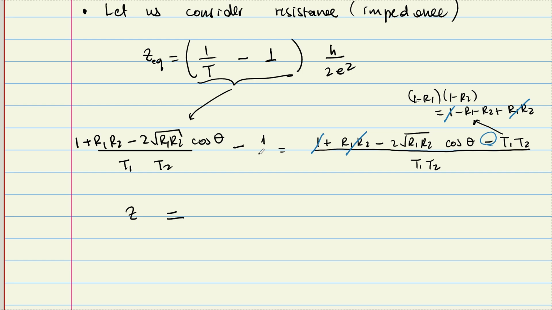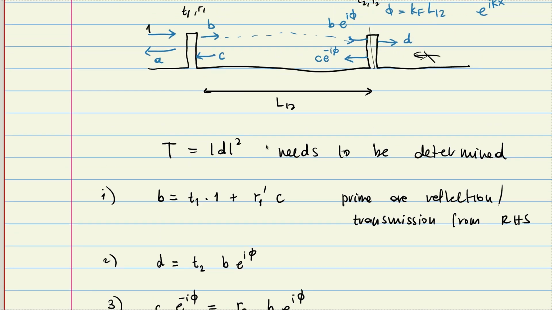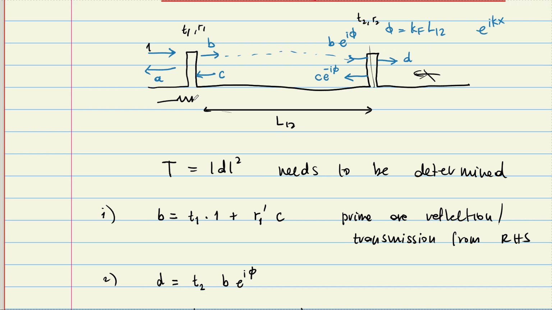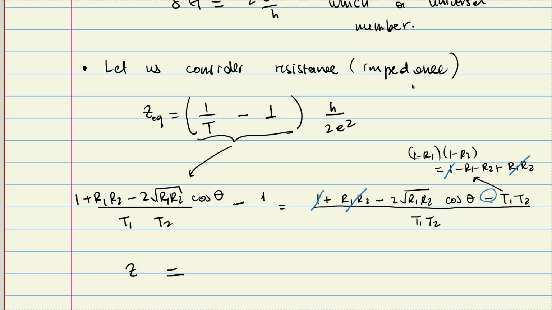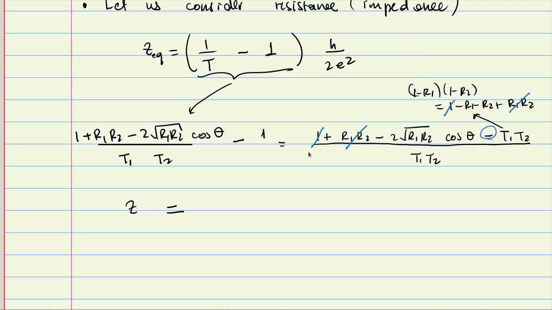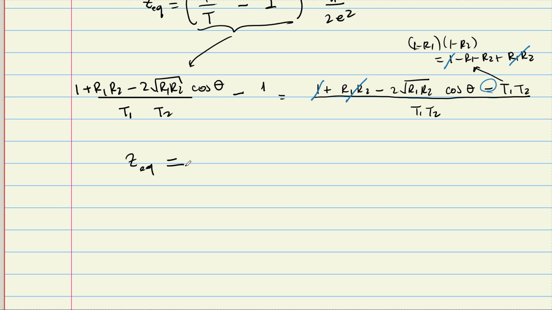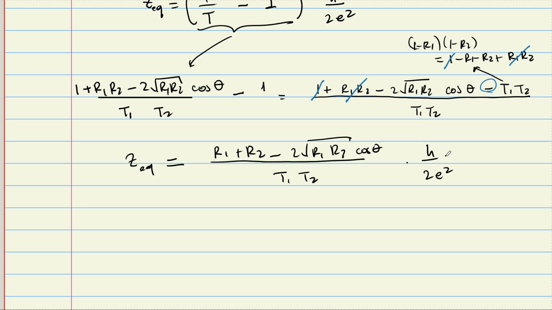So this is the equivalent resistor. You can think of this as one resistor here and another resistor here, and we are calculating the equivalent resistance of two resistors connected in series. So this Req is going to be equal to R1 plus R2 minus 2 sqrt(R1R2) cosine theta, divided by T1T2, times h over 2e squared.